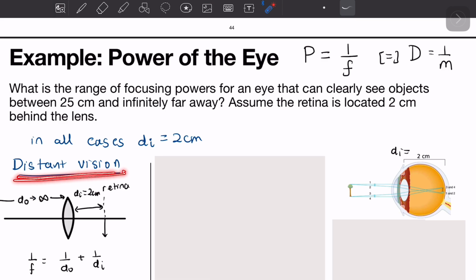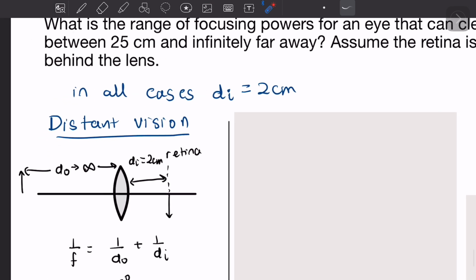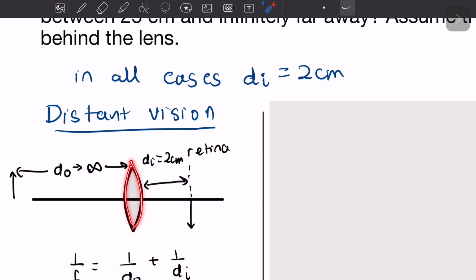Distant vision means, so here's the diagram. You have the lens of your eye, you have the retina 2 centimeters away, you have an object far away. Basically let the object go to infinity. What focal length of the lens do we need to focus the image on the retina? Well, let's use the lens equation: 1 over f equals 1 over d_o plus 1 over d_i.